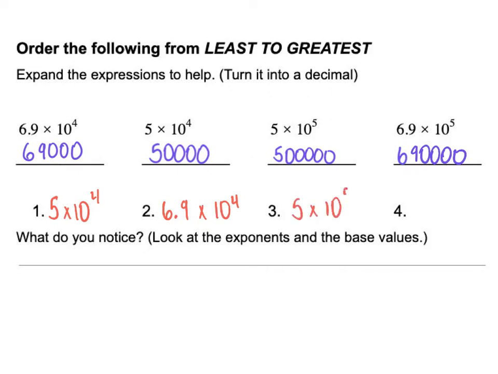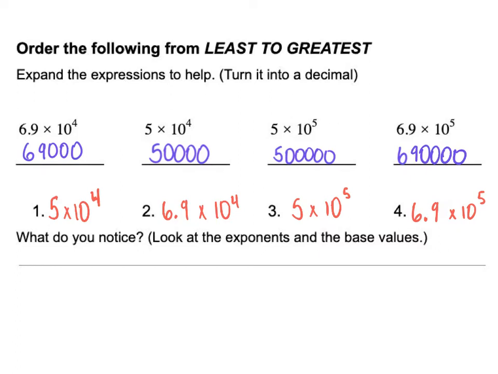Then we have 5 times 10 to the 5th, followed by 6.9 times 10 to the 5th. Alright, so the reason we can tell these are from least to greatest is just by looking at them. We know 50,000 is less than 69,000. And we know both of those are less than 500,000, which are both less than 690,000.